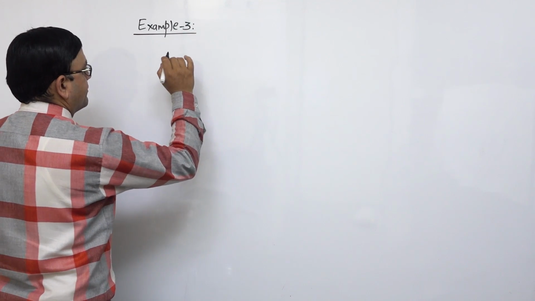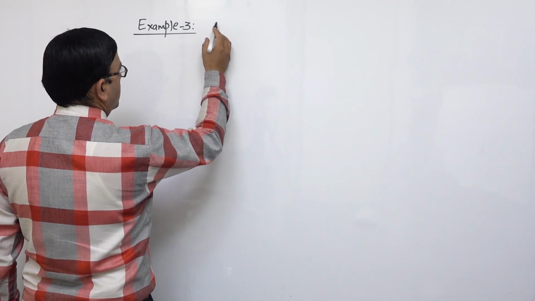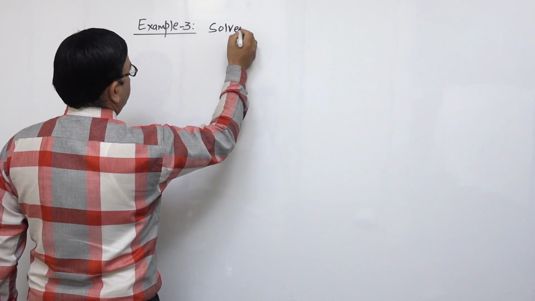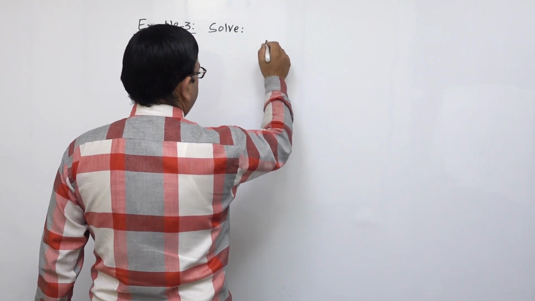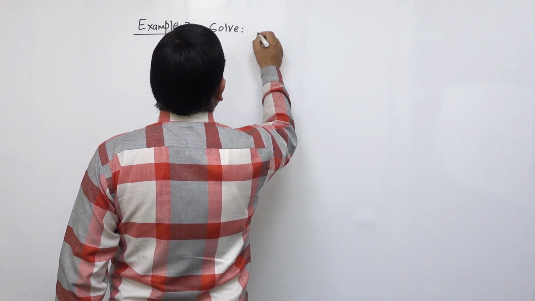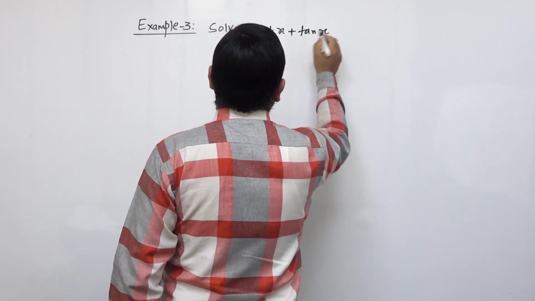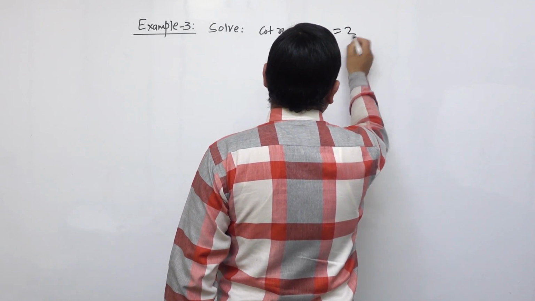Example 3. Solve cot x plus tan x is equal to 2.